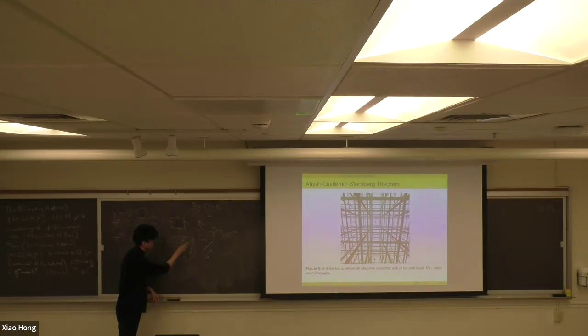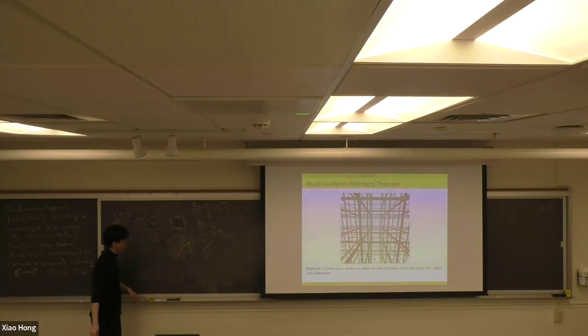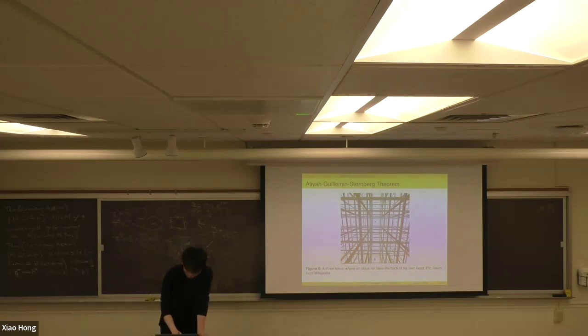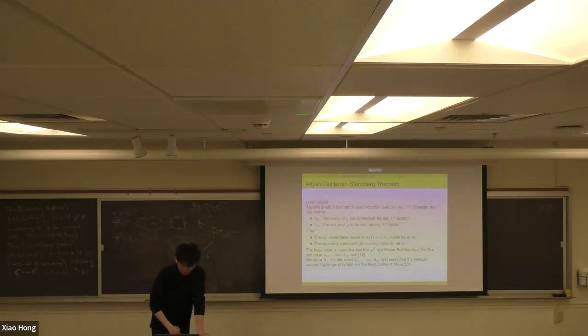Suppose there's a light going to the front. This light, due to the identification, when it hits this wall, it will go back from the back to here. So the person actually sees the back of his head.